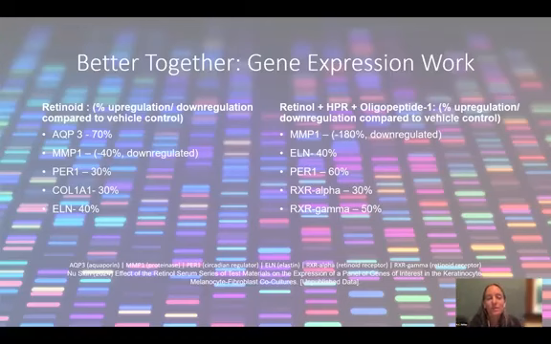So this is now research that Nu Skin conducted. We looked at the gene expression of a retinoid by itself versus the combination of retinol, HPR, and illegal peptide 1. And what we found was pretty interesting. When we looked at just the retinoid, the retinoid had the ability to increase aquaporin expression.